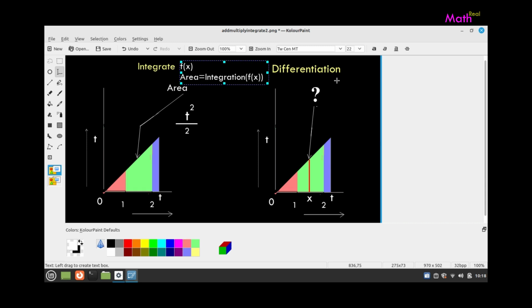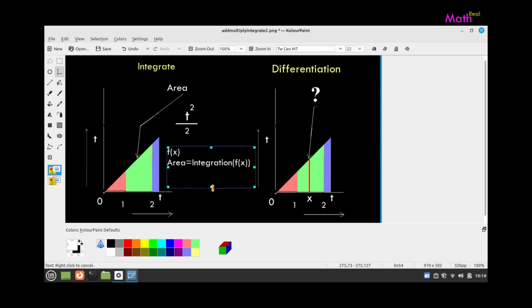If the area is the integration of f(x), then f(x) is the differentiation of the area. So if we want to get back the f(x), then we have to do the differentiation of the area.